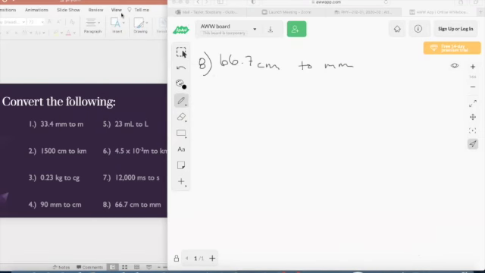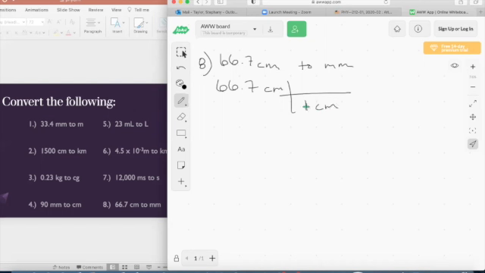Let's go ahead and set it up the long way, and then I'll show you the short way. So 66.7 centimeters. We know that in 1 centimeter, we have 10 to the minus second meter. And then 10 to the minus third meters is 1 millimeter.